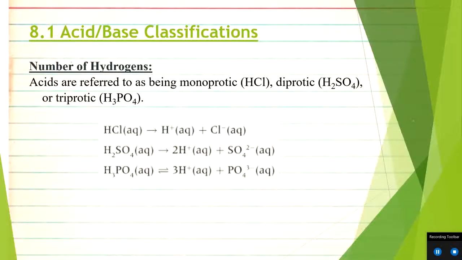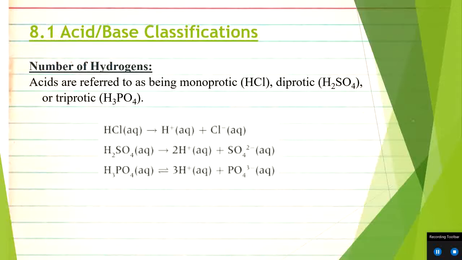A couple more definitions. So the number of hydrogens. Some substances, hydrochloric acid, for example, has one hydrogen. Sulfuric acid has two hydrogens, and phosphoric acid has three. Okay, so these acids can be referred to as being monoprotic, diprotic, or triprotic, depending on how many hydrogens they can give away.